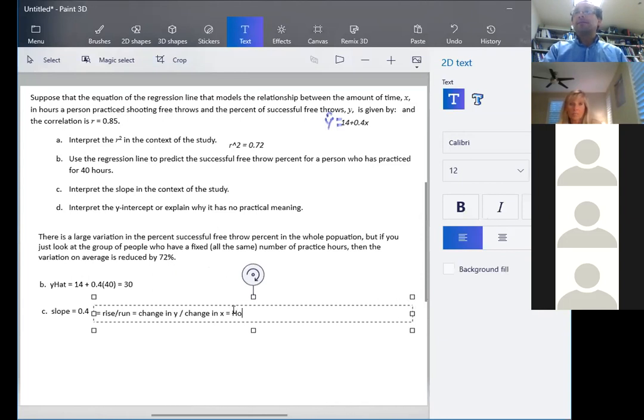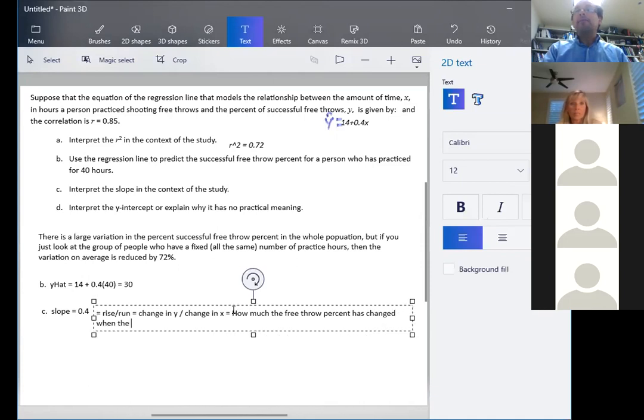So how much the free throw percent has changed when x, which is the hours practiced, increases. Any questions on that?